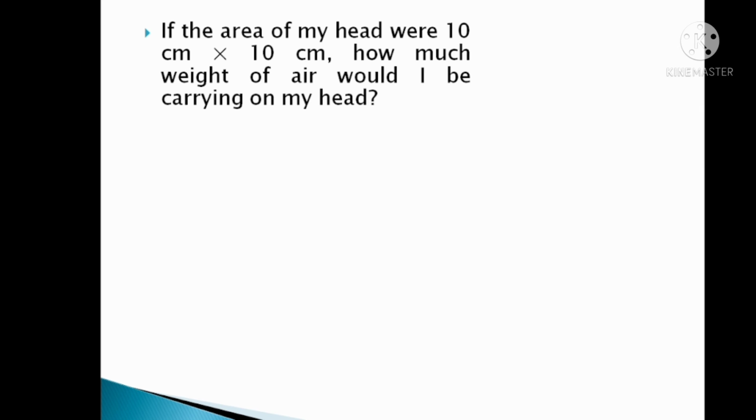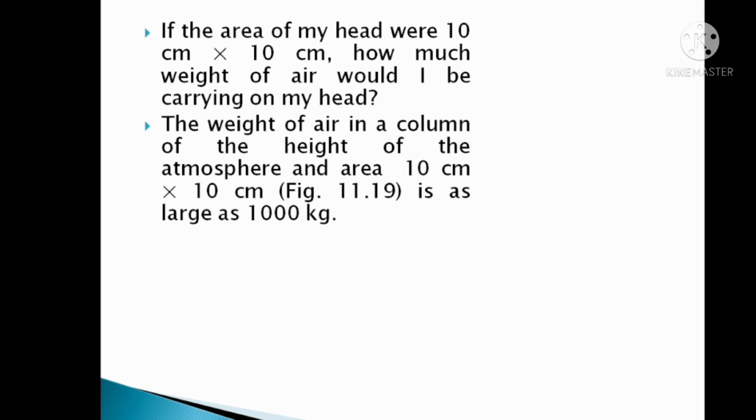So if the area of my head or anybody's head is 10 centimeter by 10 centimeter, how much weight of the air would I be carrying on my head? That means if I put a tube, as we have seen in the previous diagram, on my head, how much pressure will it apply on my head? We will do the calculation.